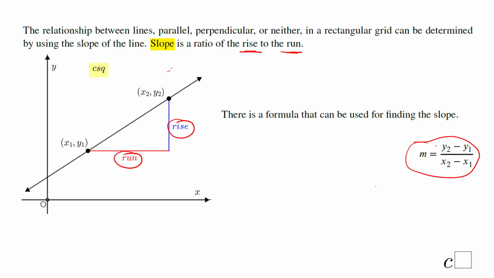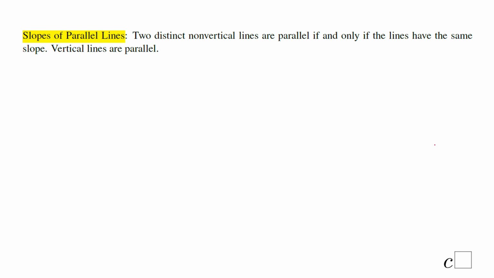Okay, so let's take a look now. Whenever you look for parallel lines, for example, we can look at the slope of these lines, and I said here a very, very strong statement: if and only if. That's very important to remember. Okay, it goes both ways.